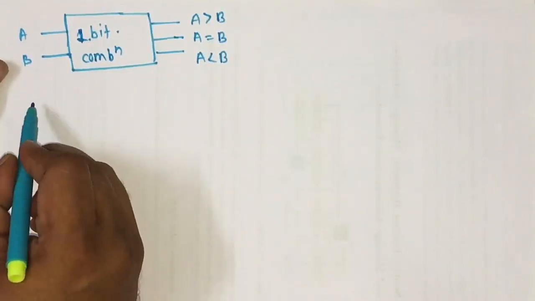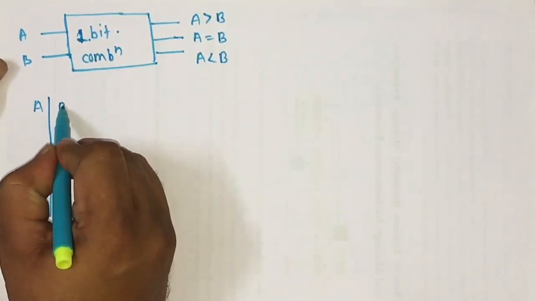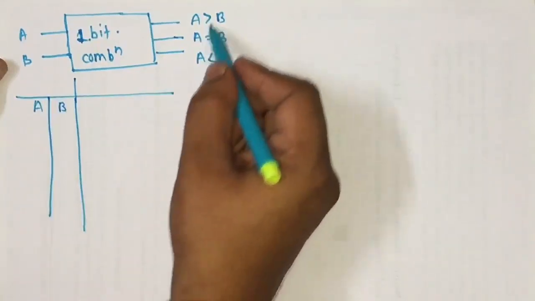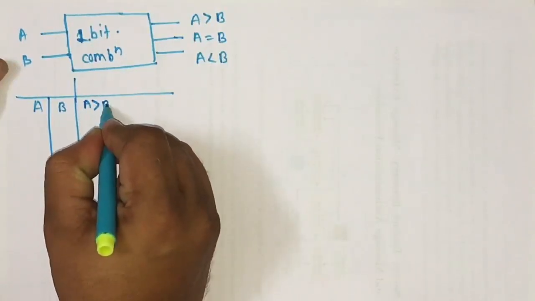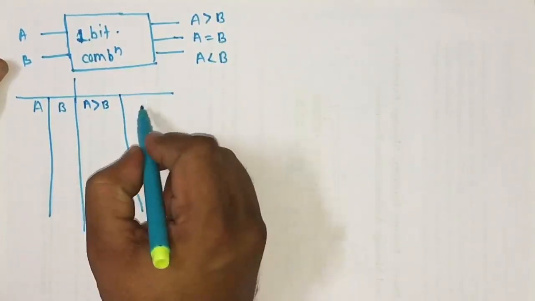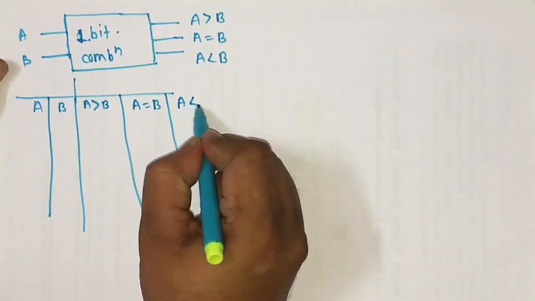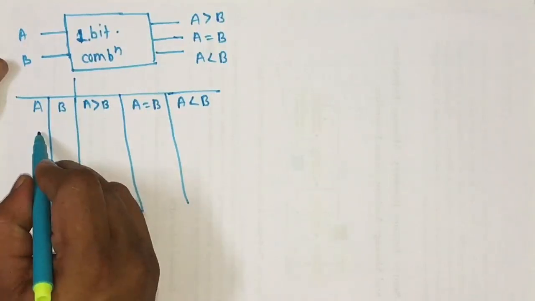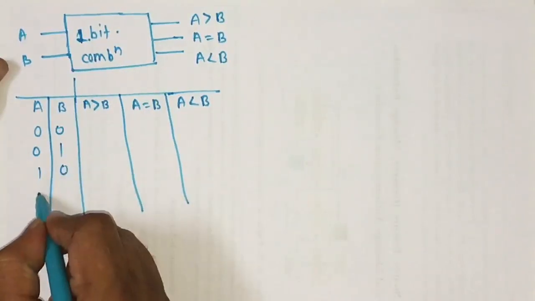So we will draw the truth table for this comparator. It consists of 2 inputs and 3 outputs. The first output is A greater than B, the second output is A equal to B, and the third output is A is less than B. As 2 inputs are there, the possible cases are 0 0, 0 1, 1 0 and 1 1.